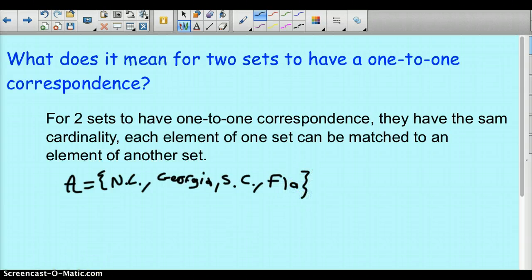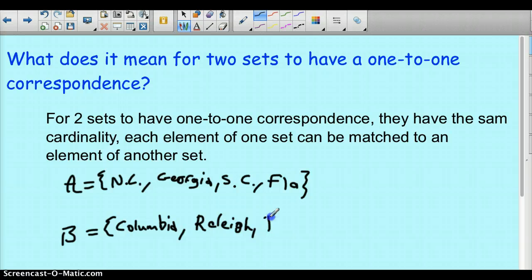And we got another set in this case. Our other set we're going to call B. This set B is the set of, and we'll go with Columbia. Next one we've got is Raleigh. Tallahassee. And Atlanta.